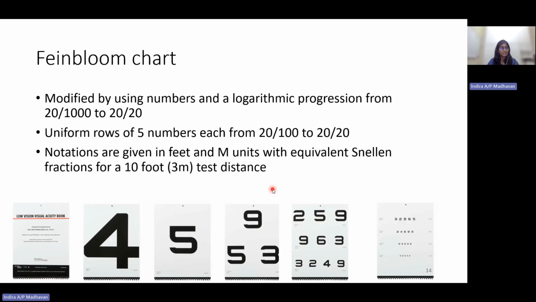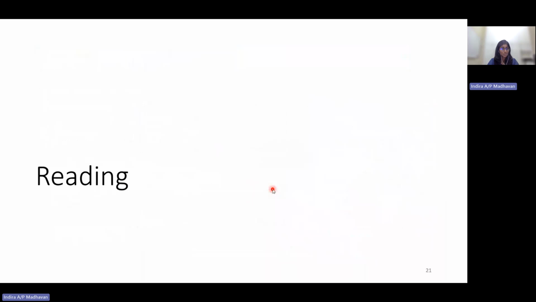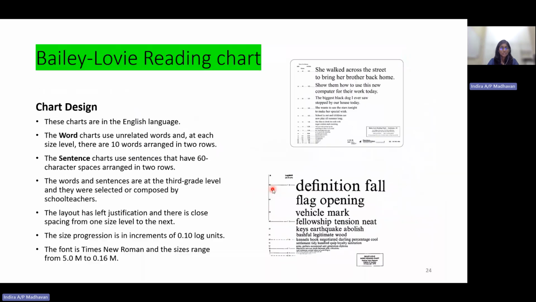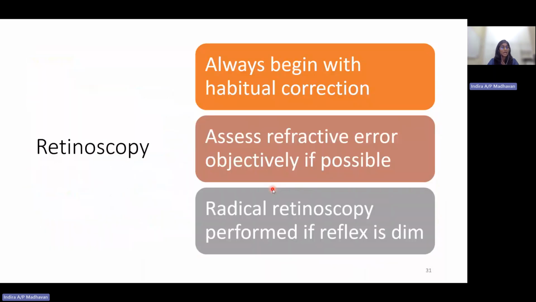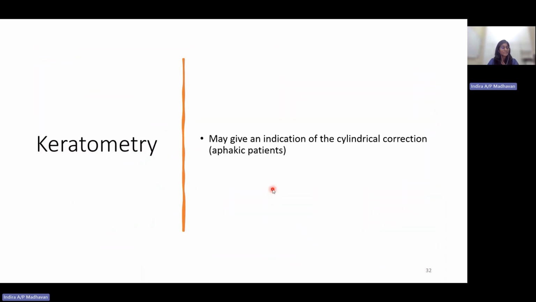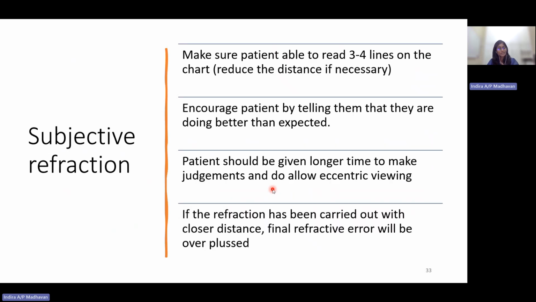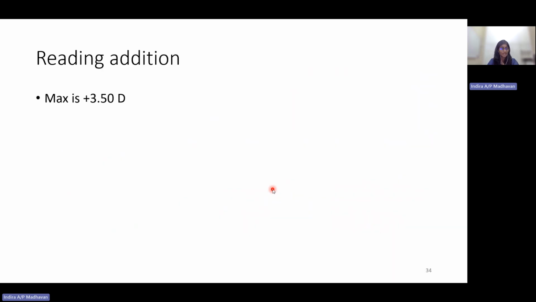Similarly, we looked at refraction. We looked at how to do retinoscopy in a similar way, but we might need to apply radical retinoscopy, and then keratometry if needed. And subjective refraction was already explained during the physical class.